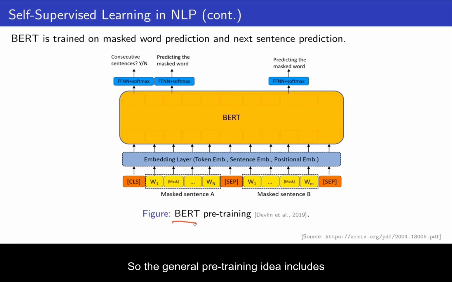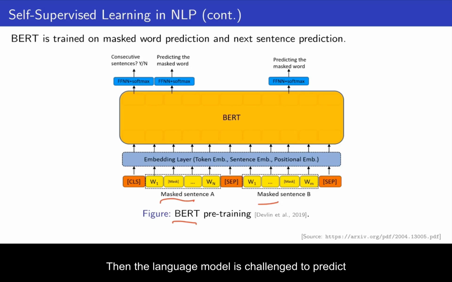The general pre-training idea is that the model receives two sentences as input and masks some of the words from these sentences. Masking means that single words in a sentence are replaced by a dummy token, or other words can also be used according to a predefined probability score.